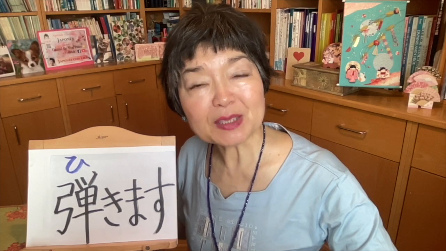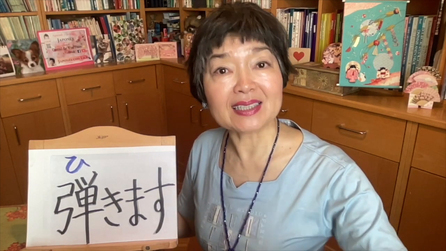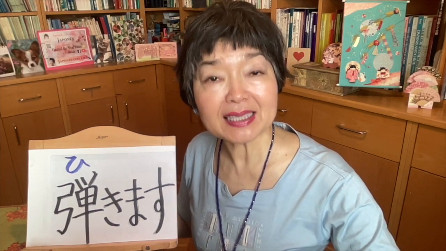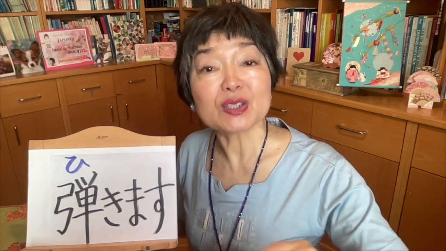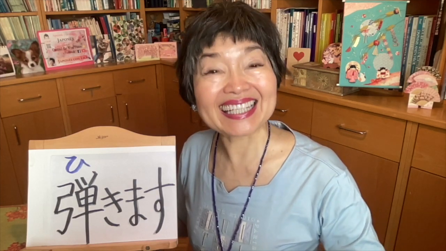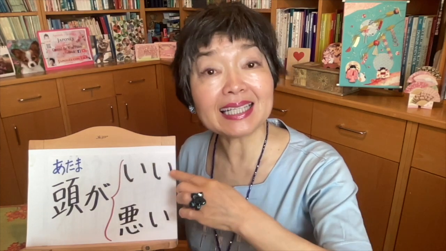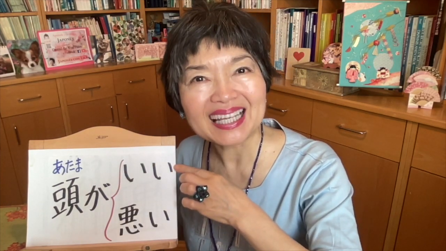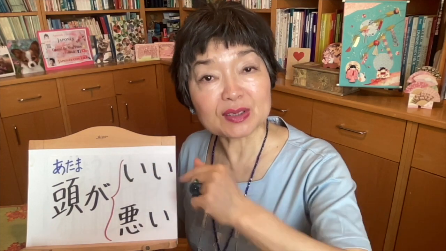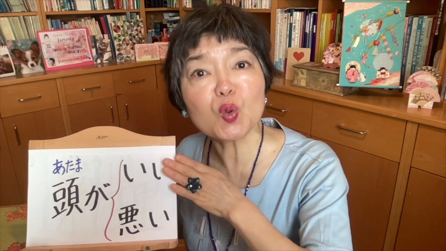As I already explained when I taught you the potential verbs, all the potential verbs are group 2. So the te form is quite easy. 弾けて。 Intelligent, 頭がいい。 In this part, い is an い adjective. And if I want to change to te form, よくて.